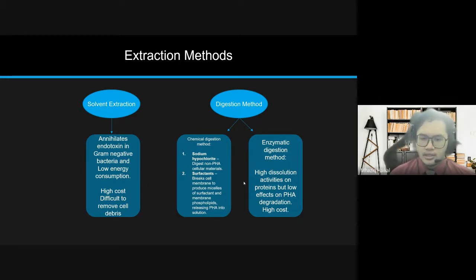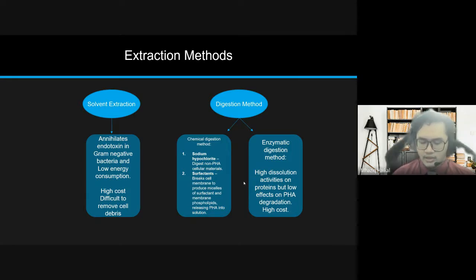And then the next method here is the digestion method, which is actually divided into many methods, but being time bound, we are only going to discuss a few of them. So the first one is the chemical digestion method. First, we use sodium hypochlorite on the bacterial cell to digest the non-PHA cellular material of the bacteria.